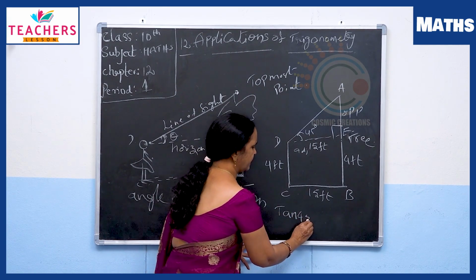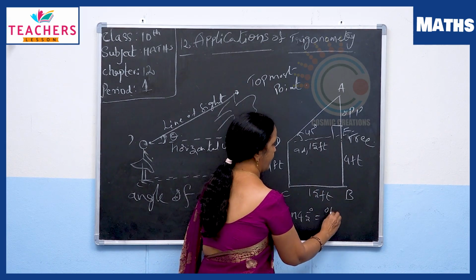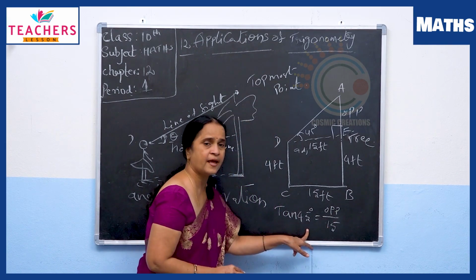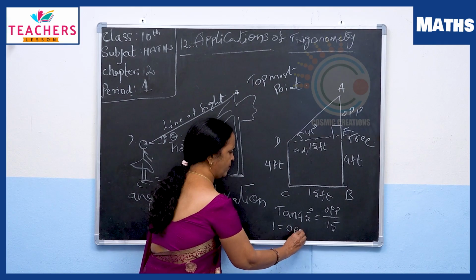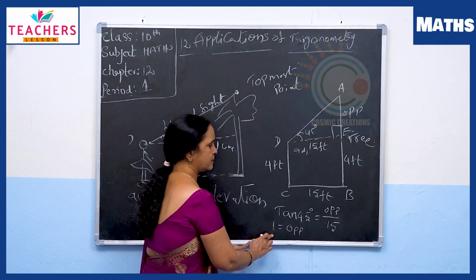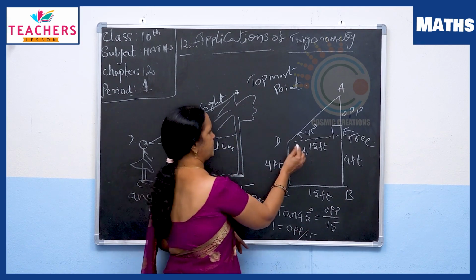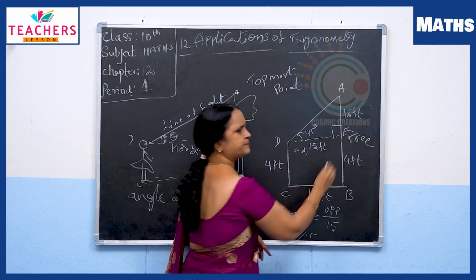Then tan 45 is equal to opposite by adjacent. Opposite we don't know, adjacent we know, 15. You know the tan 45 value is 1. Then opposite is going to be 1 by 15, so opposite is 15 feet.